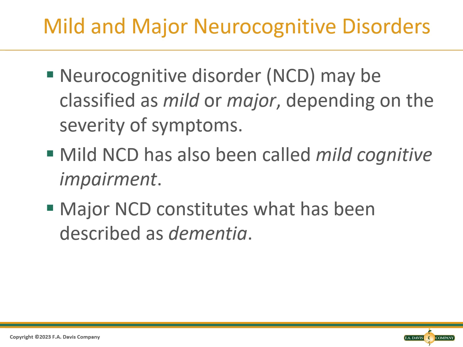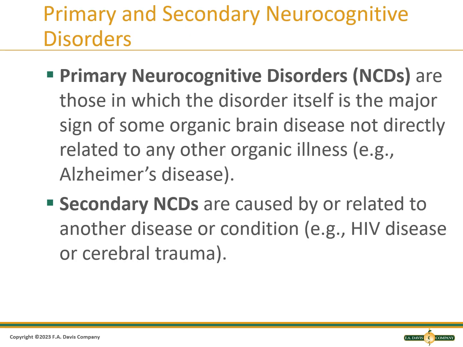Major cognitive disorder is when there is a very noticeable decrease in the ability to think, reason, and remember, and that's when we call it dementia. And the dementias can be primary or secondary.